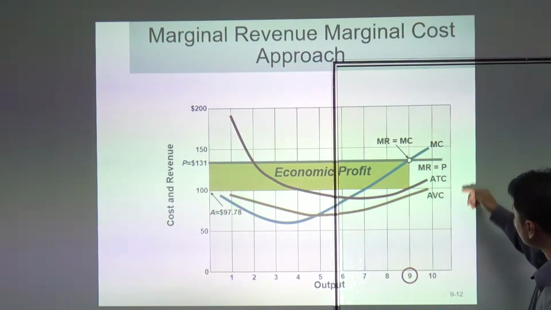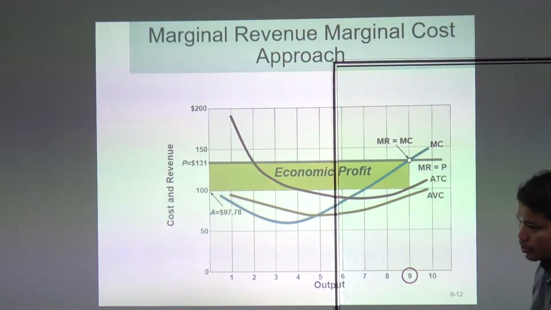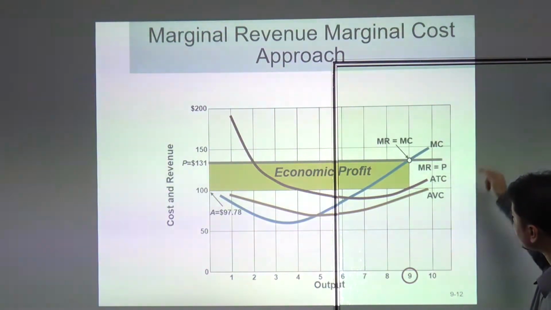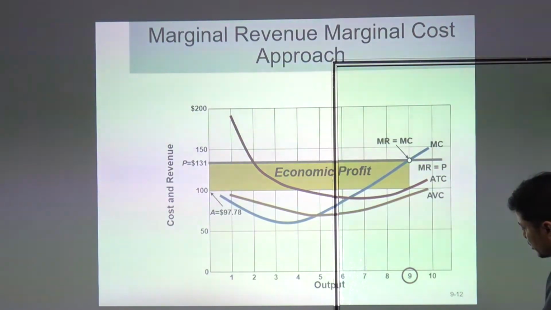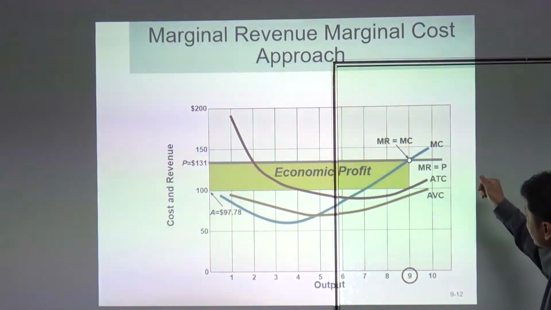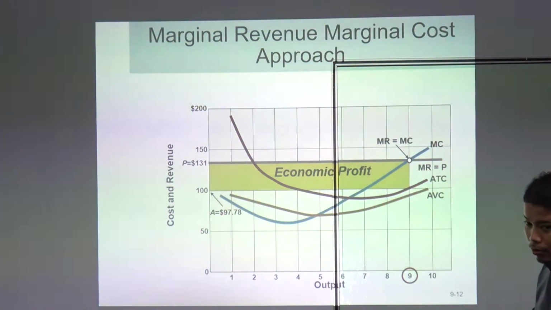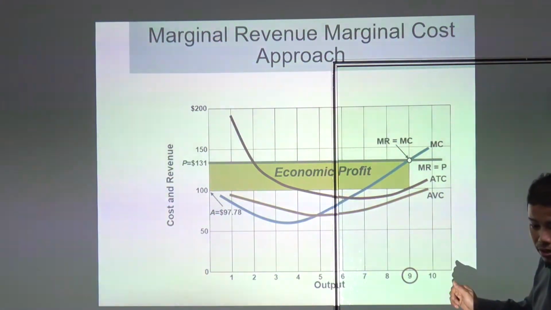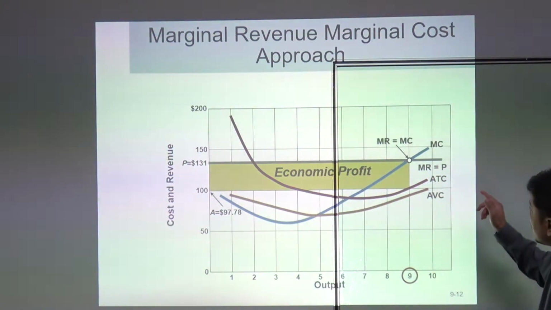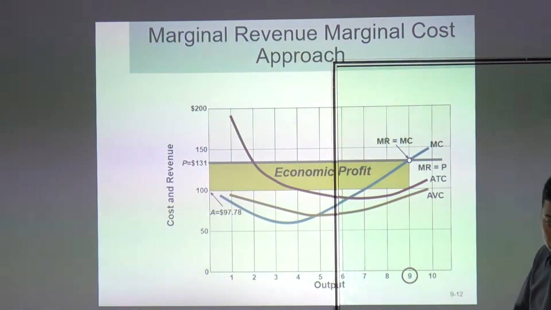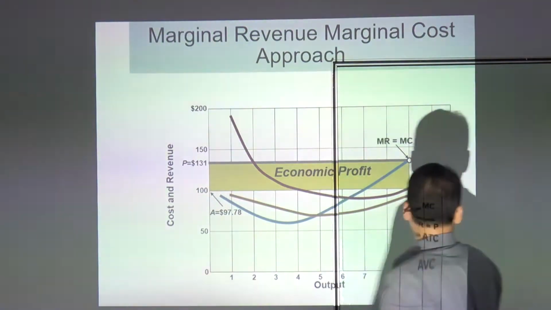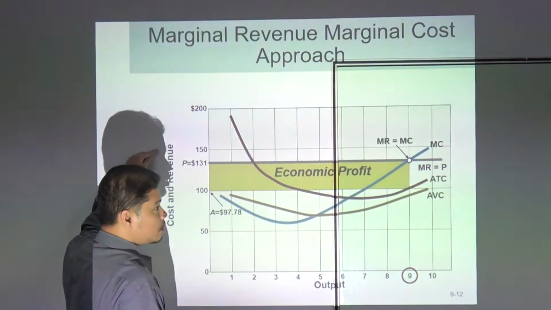Compare price and average total cost. If you look at this diagram, price is above average total cost at 9 units of output. In other words, the firm is currently making profits, because the price is revenue per unit and average total cost is cost per unit. So the price here is 131.